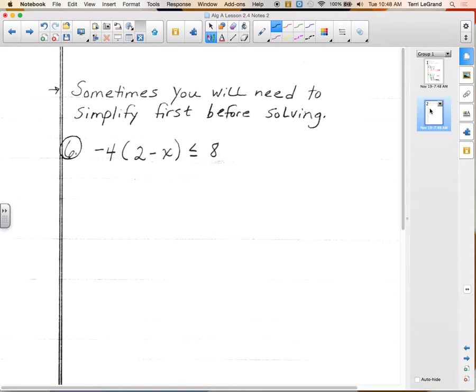Before we start doing inequalities, when we did problems like this, can't you just multiply negative 4 by 2 and then multiply it by x? Okay. Do you know what that's called, doing that multiplying? What property is that? Distributive property, yeah. So you could do distributive property, which would simplify it first.